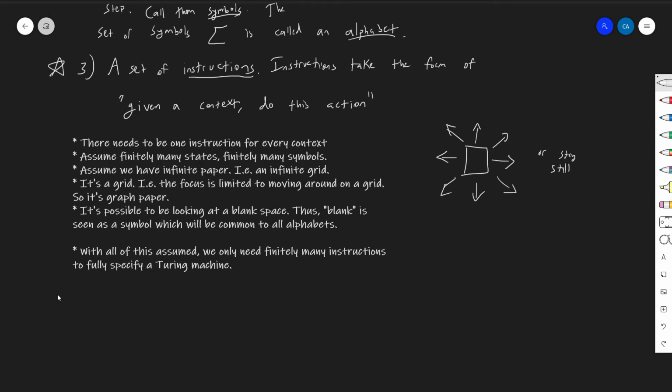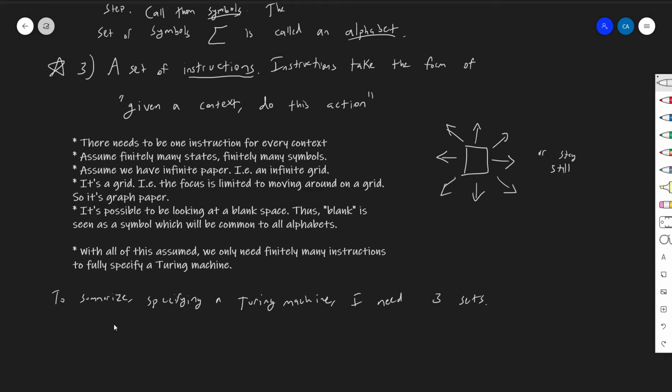So to summarize, to specify a Turing machine, to specify a full kind of human paper-pencil system, I need three sets.